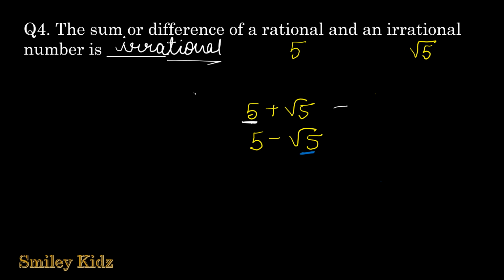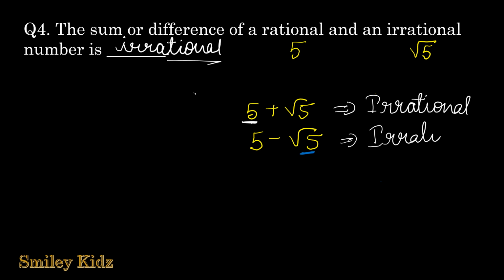That means 5 plus root 5 will always be irrational. And what about 5 minus root 5? It is also irrational. Therefore, the sum or difference of a rational and an irrational number is always irrational.